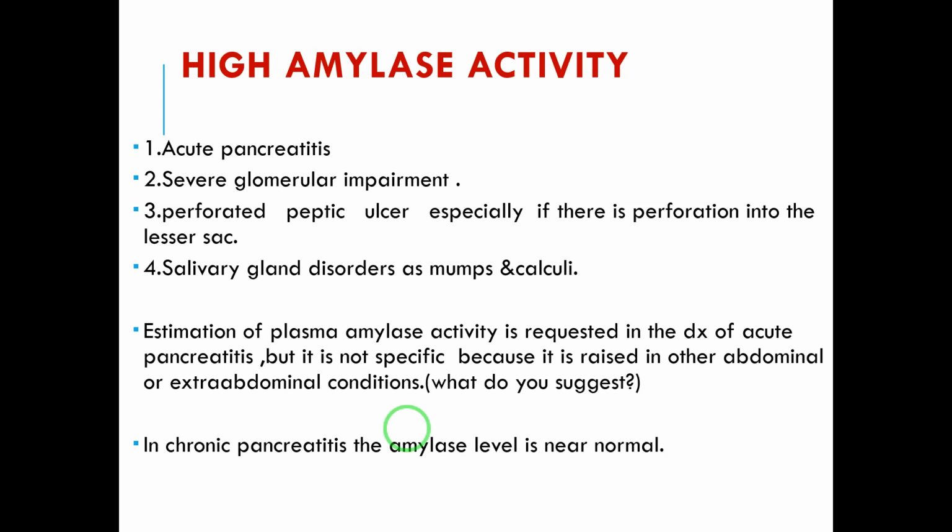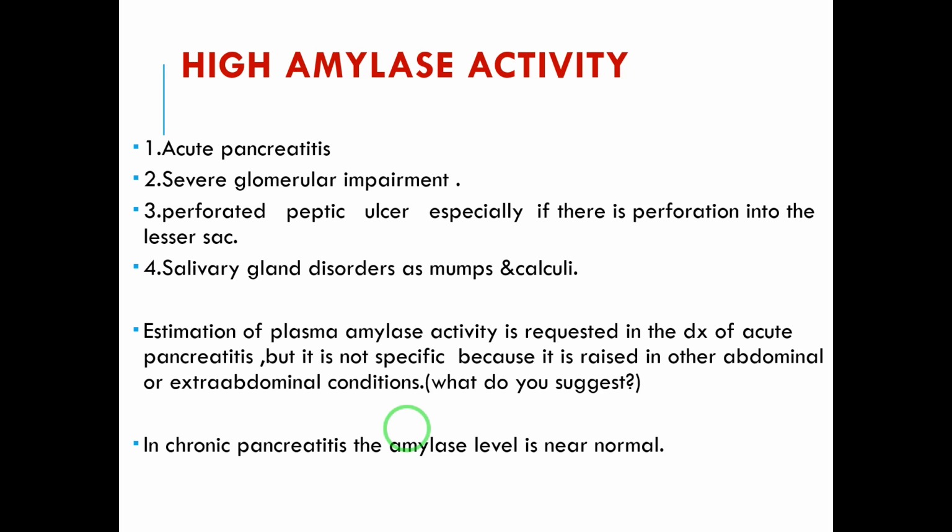By measuring other markers together with the amylase, for example other enzymes. If the marker of renal failure is increased together with high amylase, we suspect that it may be due to renal impairment. And in case of acute pancreatitis, we measure other enzymes that are released from the pancreas, and so on.